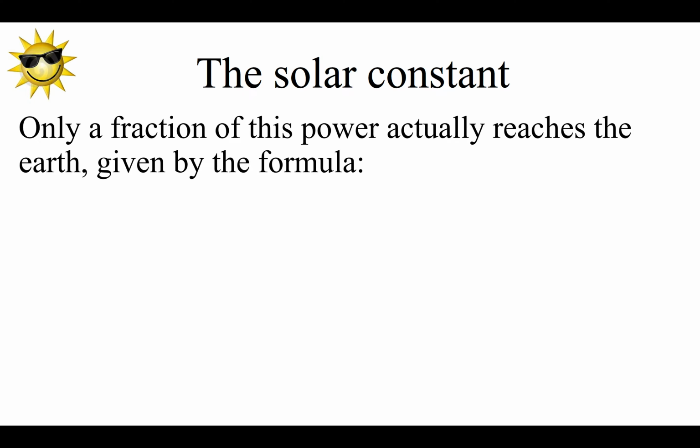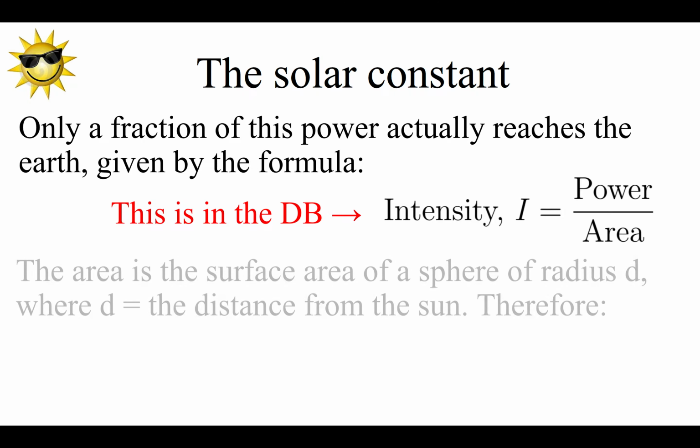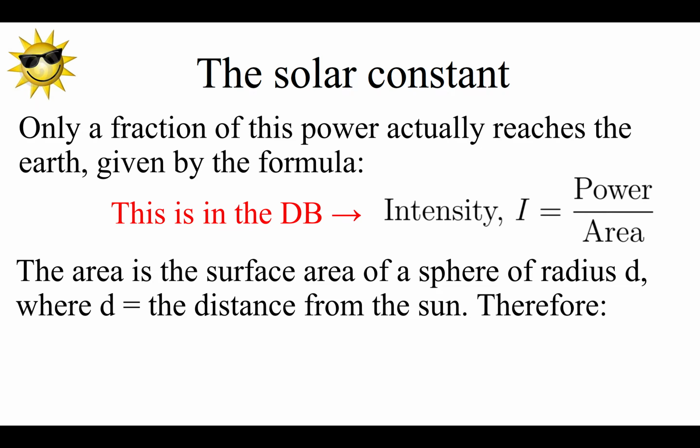Only a little bit of this power, relatively, reaches planet Earth. And the amount that arrives on planet Earth is given by intensity, which is power divided by area. This value is indeed in your data booklet. So the area is the surface area of a sphere of radius d, and that radius is the distance from the sun.